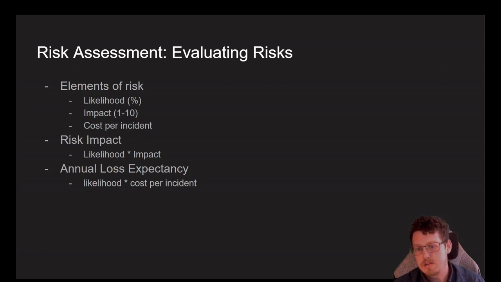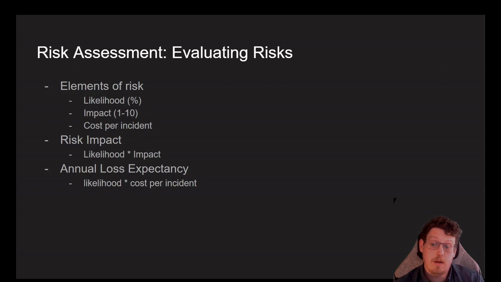If it goes down for an hour, how much does that cost you? If it goes down for a week, how much does that cost you? How much is one incident? We then use these elements to do some calculations, so we can calculate the risk impact or the magnitude, like how big of a risk this is. We do this by multiplying the likelihood, the percentage of how likely it is for an incident to occur, by the impact.